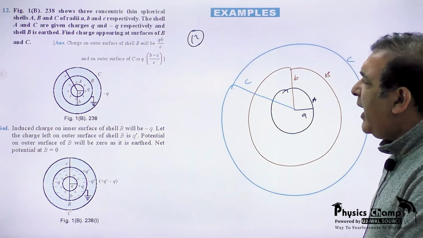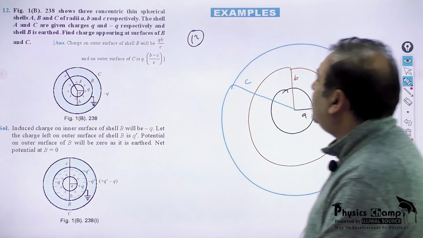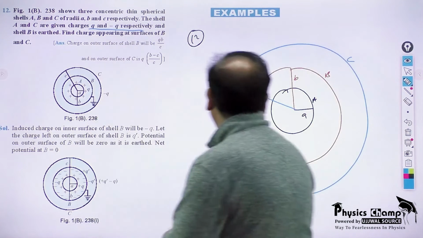The shells A and C are given charges Q and minus Q respectively.